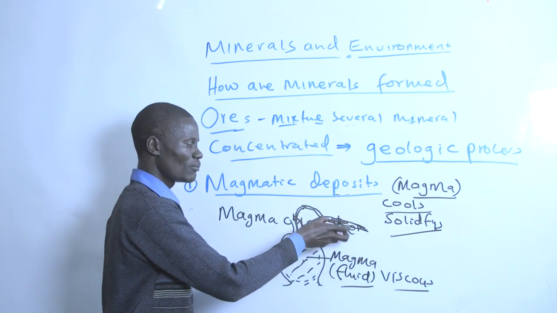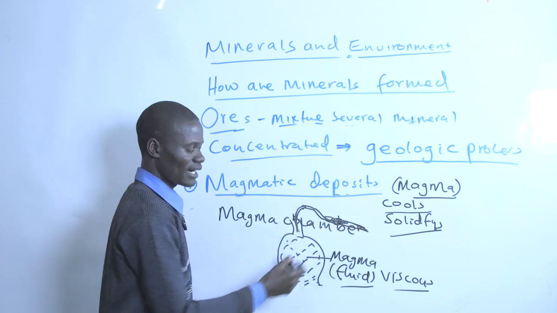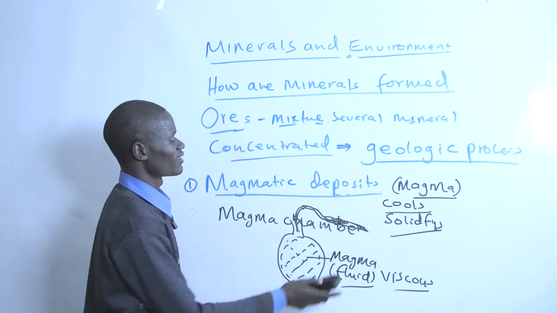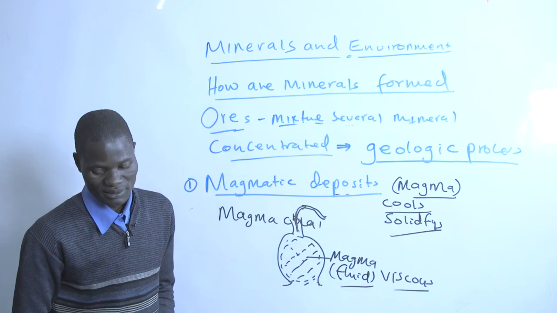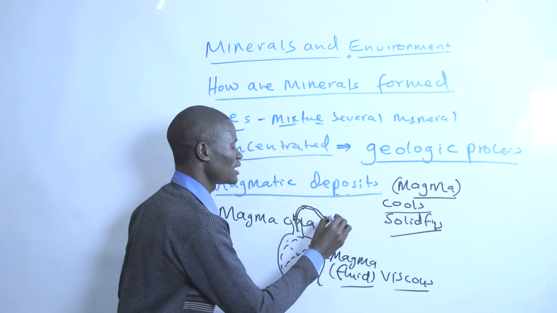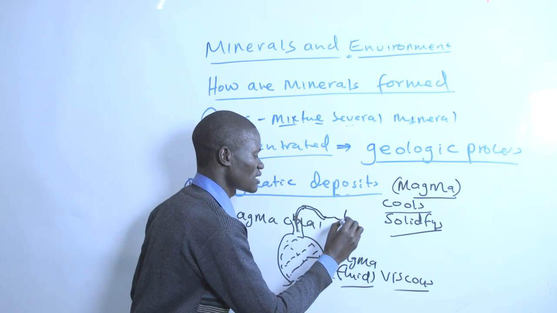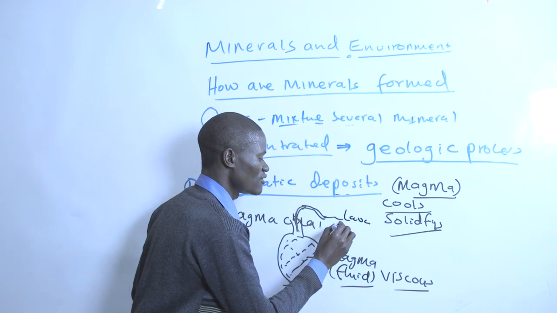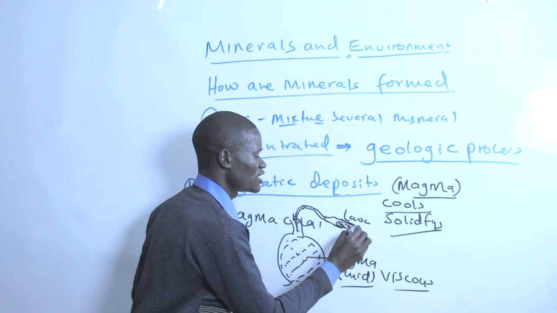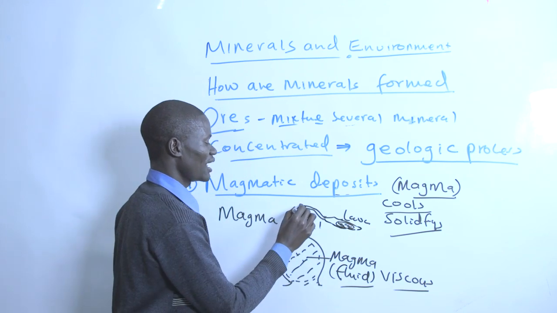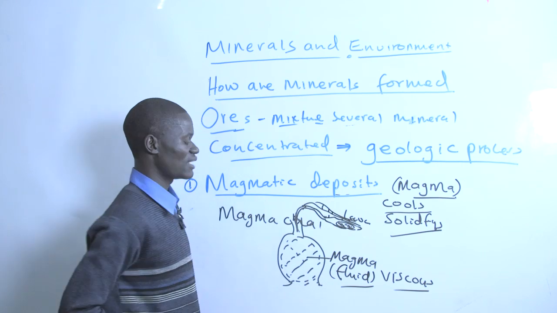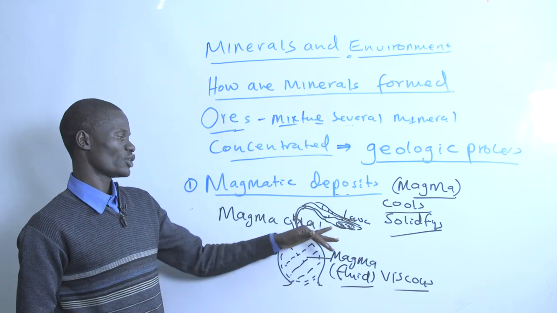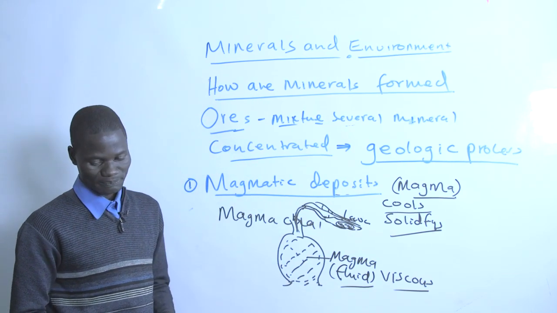Therefore, the mineral may be deposited somewhere in the bedding planes or in the magma chamber, where the lava is cooling down and solidifying. Therefore, it may be deposited around here. And this one is a magma deposit. And then sometimes there may be a follow-up of different layers of lava in that manner. The geologic process explains that.